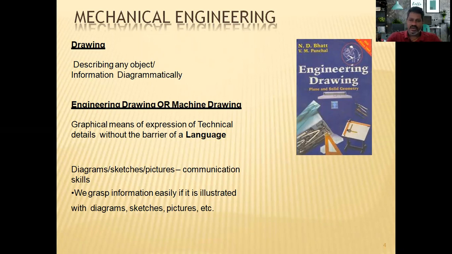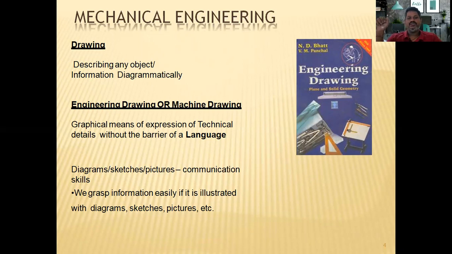It gives the comparison, ups and downs, right? How it is moving, how the variation is, with respect to the different parameters. So that is the drawing. So basically, drawing means describing an object, information, diagrammatically.